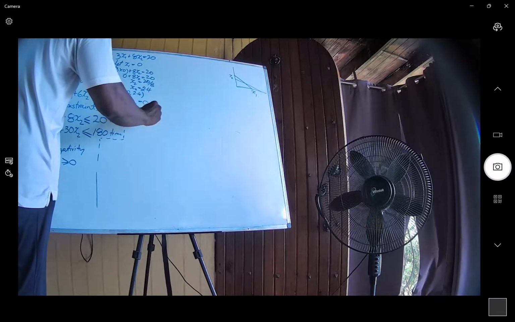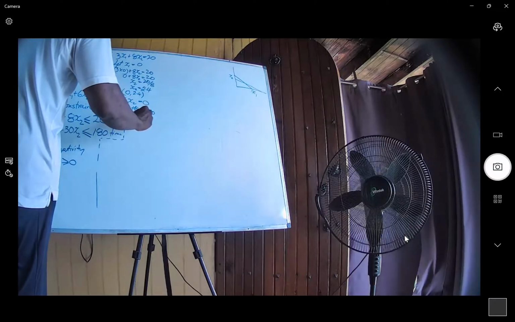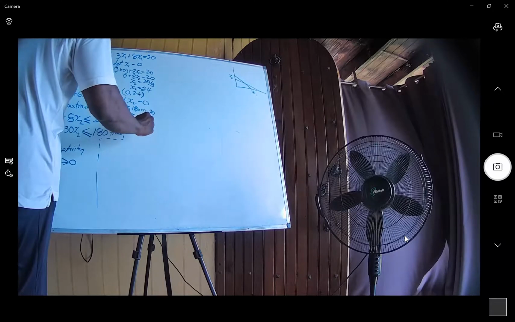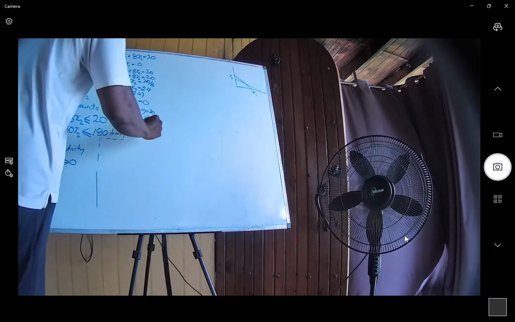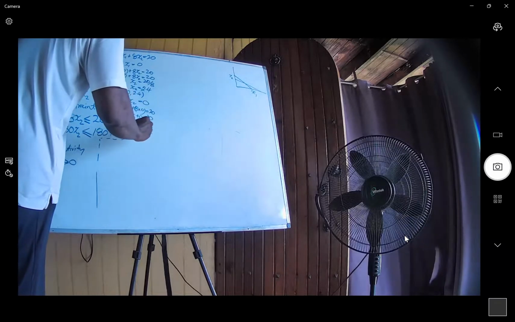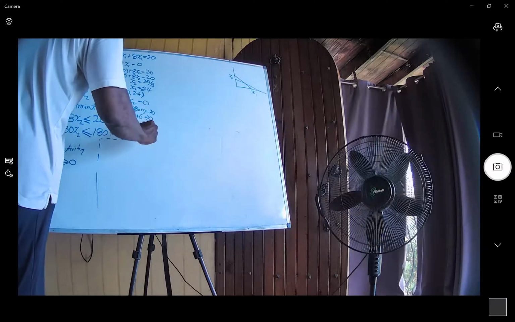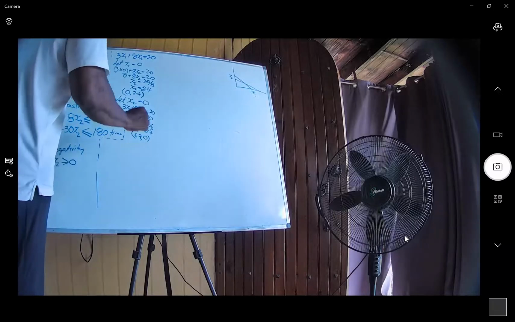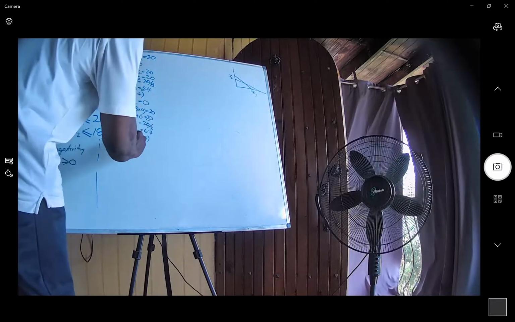So x1 is going to be equal to 20 divided by 3. What's that? 6.7. So I can write the coordinate now, 6.7, 0. I remember they make x2 equals 0. Okay? So let's go to the other equation now.